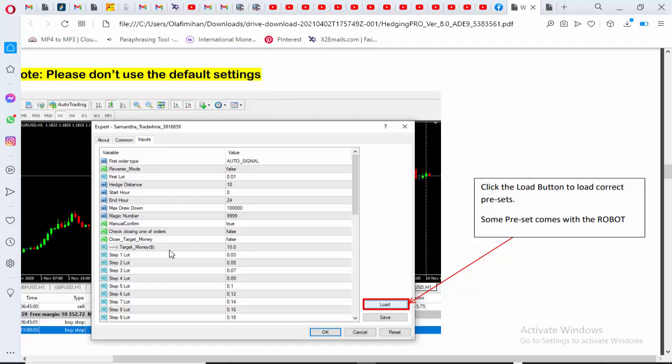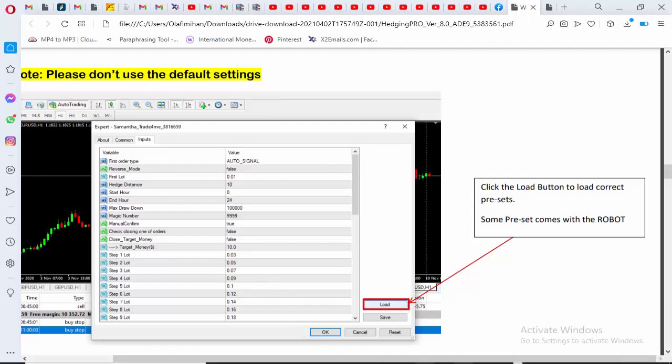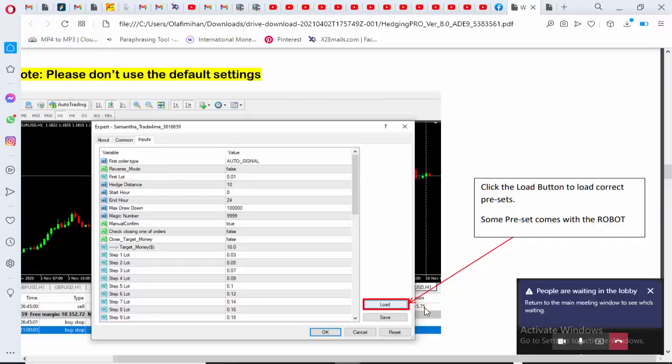You understand? So now, if you continue looking at step 1, step 2, step 3, step 4, you are going to key in your lot size in edging manner. But here, I've solved the problem in version 8. You don't need to key in this one again yourself.